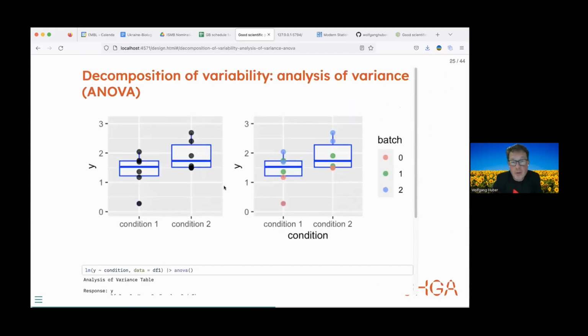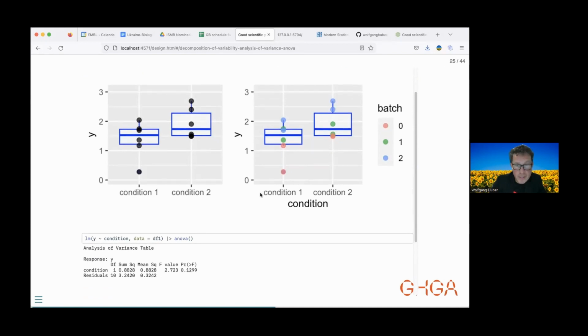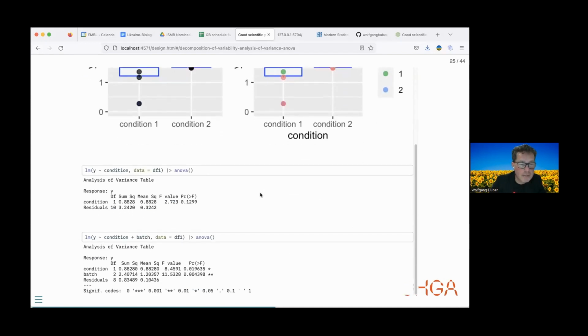One way of increasing our detection power, our success, is if we are able to decompose such variability. One way of dealing with variability is to treat it as noise, and that's what is shown here, and what gave us the bad p-value. If we know those batch effects, for instance if we knew that measurements were done in 3 different batches, 0, 1, 2, encoded by these colors, we may be able to model them. Here are 2 different linear models on the same data.